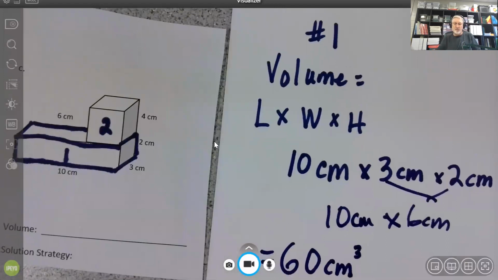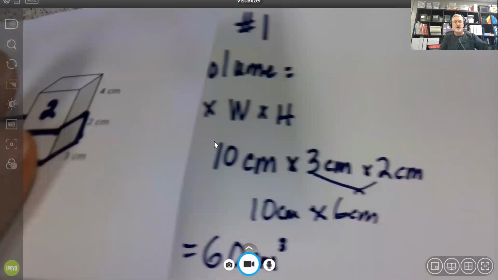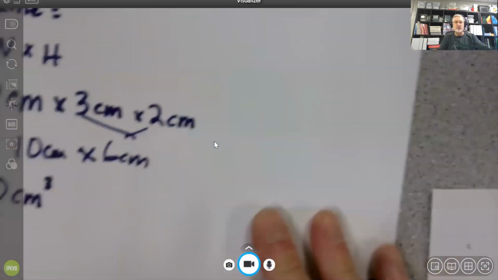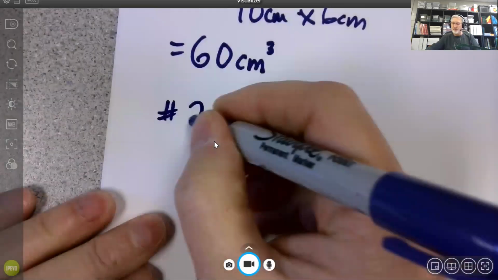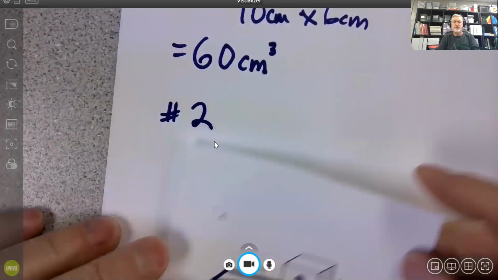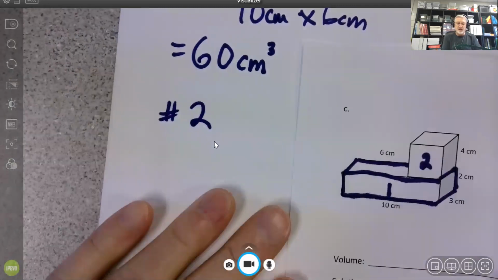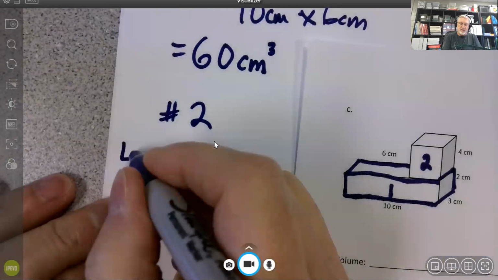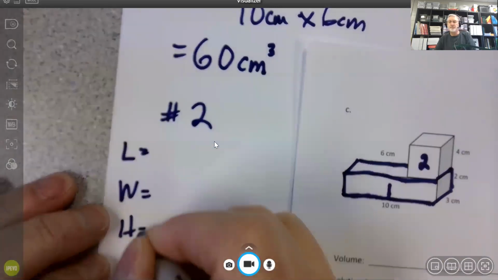Now I'm going to go to my shape number 2. For shape number 2, I'm going to look at the length, the width, and the height.